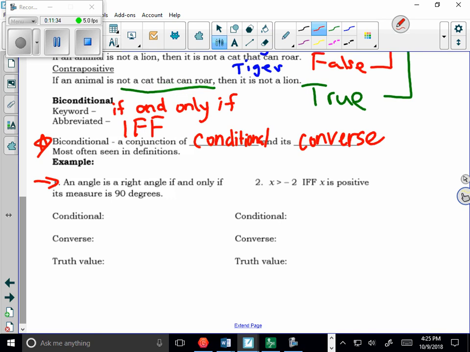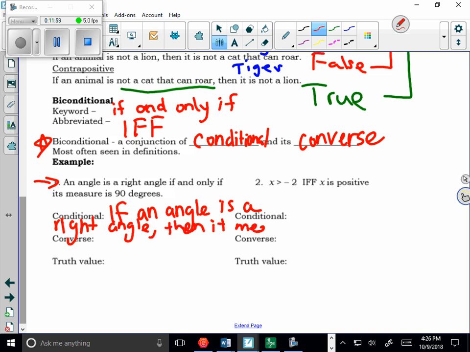So if an angle is a right angle, then it measures 90 degrees. And that's true. That's a true statement.